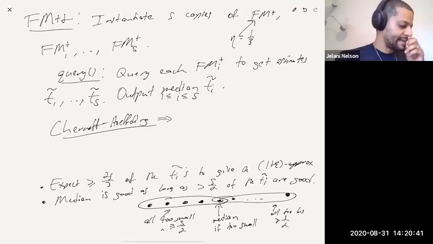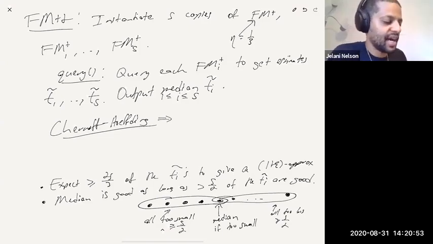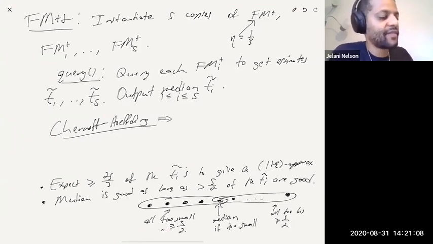So just to be precise, that's why I'm saying that for the median to be a bad estimate, more than half of the TIs have to be bad. But we only expect a third of them to be bad. So we expect a third to be bad, but actually a half are bad. S over 3 are bad, so the number that are bad is S over 6 more than what we expected.